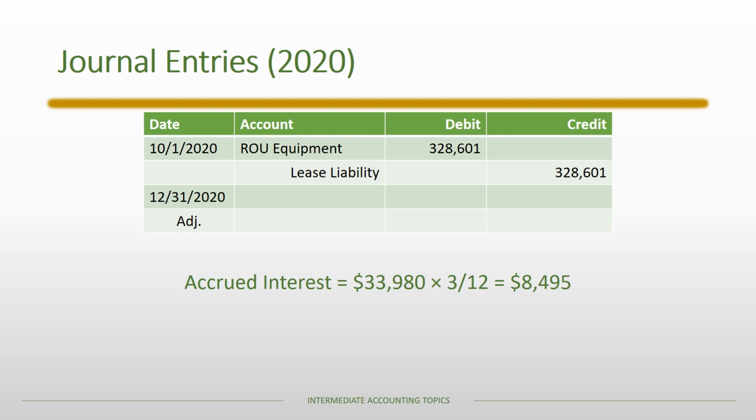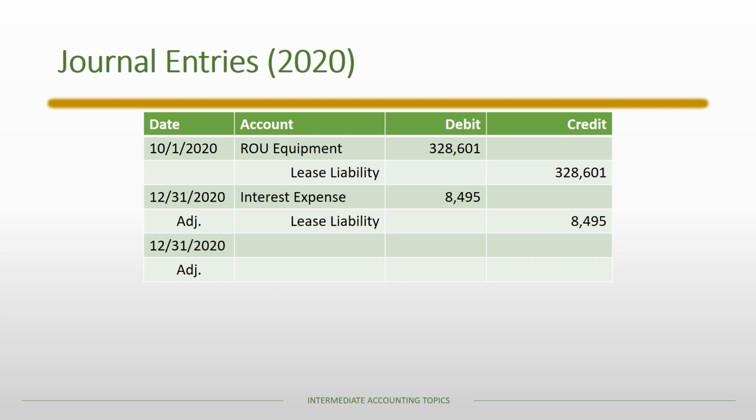When we calculate our accrued interest, we use that basis of $33,980 from that second line. Of course, we accrue 3/12 in 2020 for a total of $8,495. So we record our interest expense, and then we accrue that interest expense to the lease liability. We actually increase the lease liability account balance.